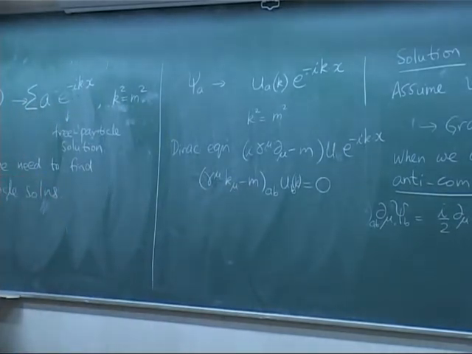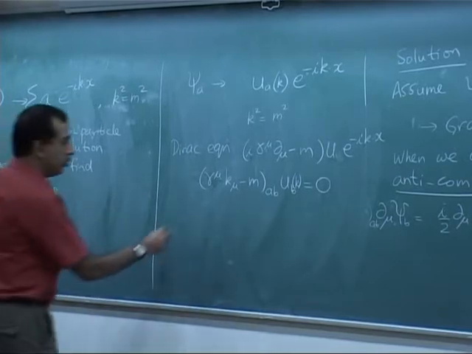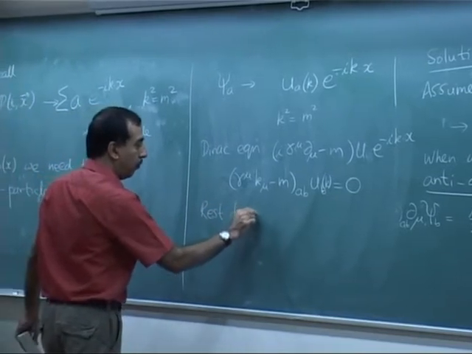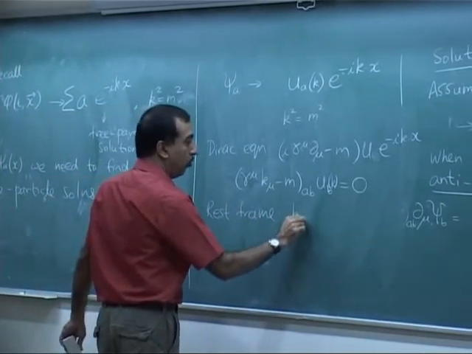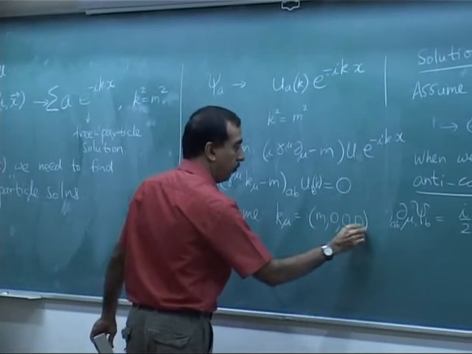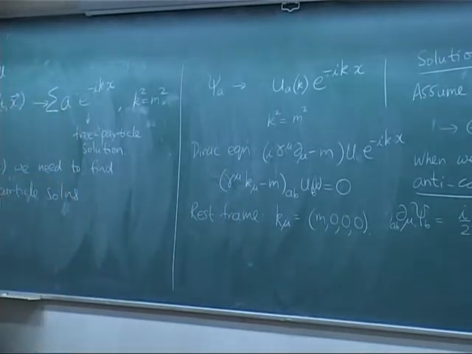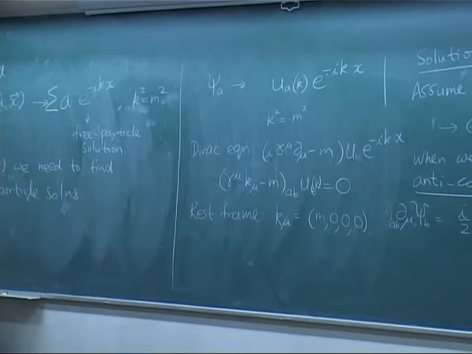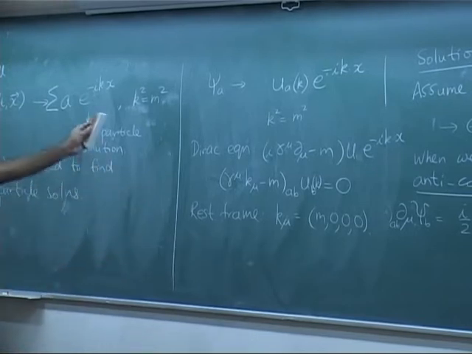Okay? Now this is easy to solve, most easy to solve by going to the rest frame where k mu is simply m, 0, 0. With fermions, nothing too special happens when m is 0 or non-zero, so we can as well take it generic and non-zero and do all this stuff.